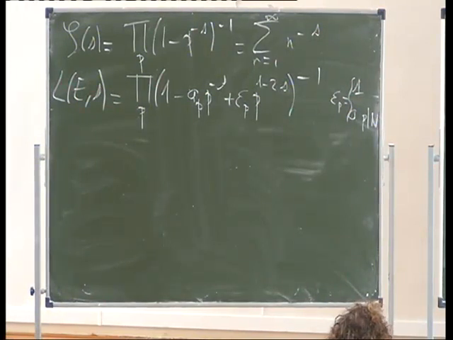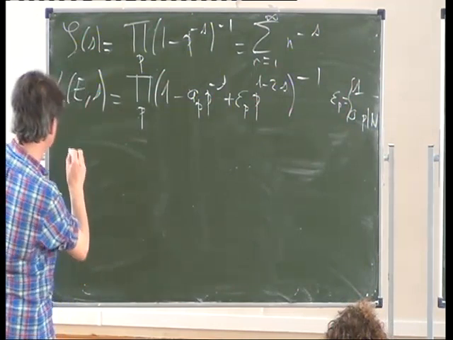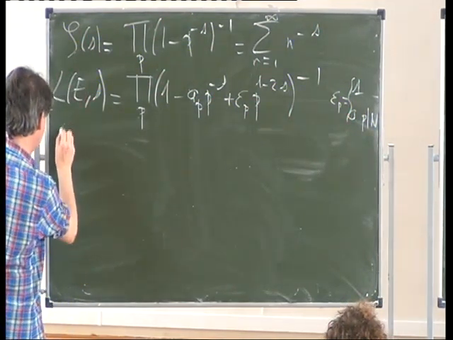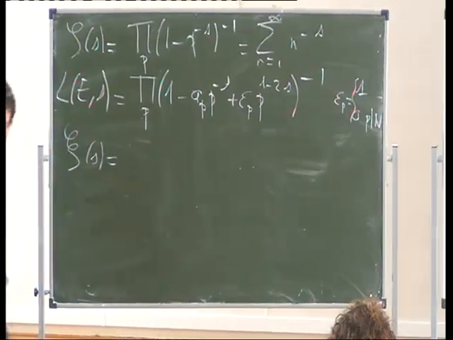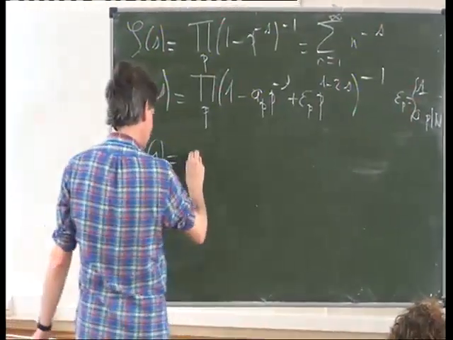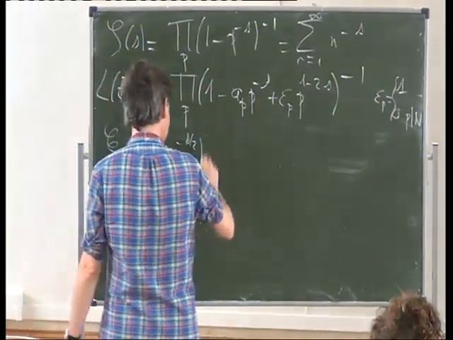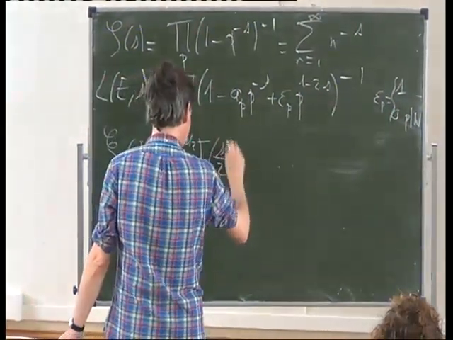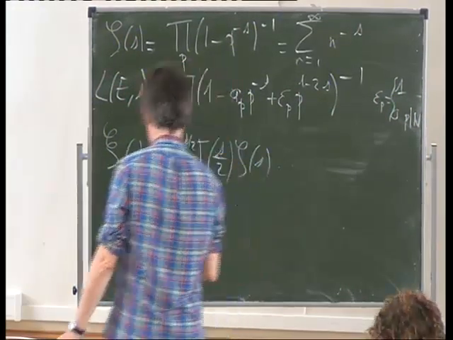And the functional equation that they satisfy is, well, if you add the factor for zeta(s), the factor that we add is p^(-s/2) gamma(s/2) zeta(s).